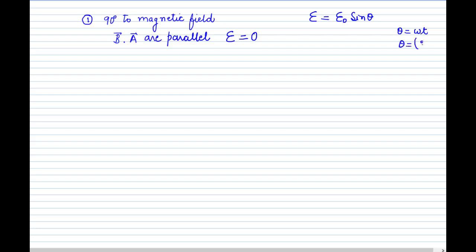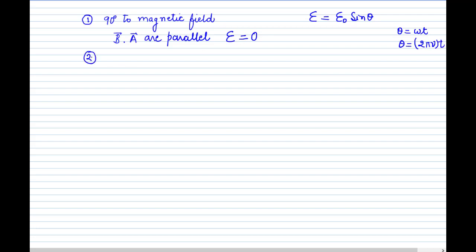If these are parallel, then theta is equal to 0 degree, and we have our induced EMF E equal to 0, because E is equal to E naught sine theta, where theta is equal to omega t, or you can write theta is equal to 2 pi nu into t. In this case, our E is equal to 0.